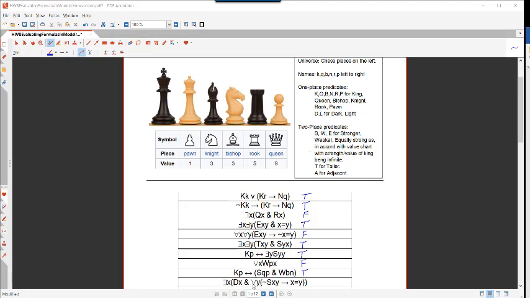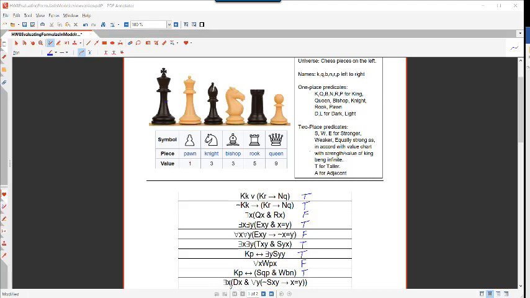So if we plug the bishop in here, the whole statement is false. But does that mean the statement is false? No, because this is an existential statement, and in order for the existential proposition to be true, we only need it to be true of one thing.